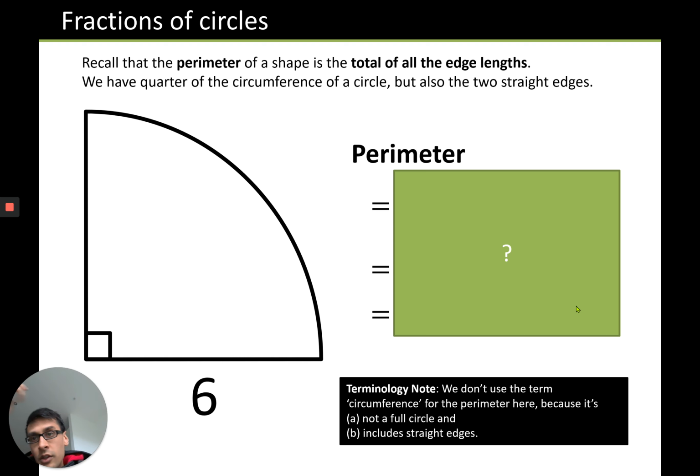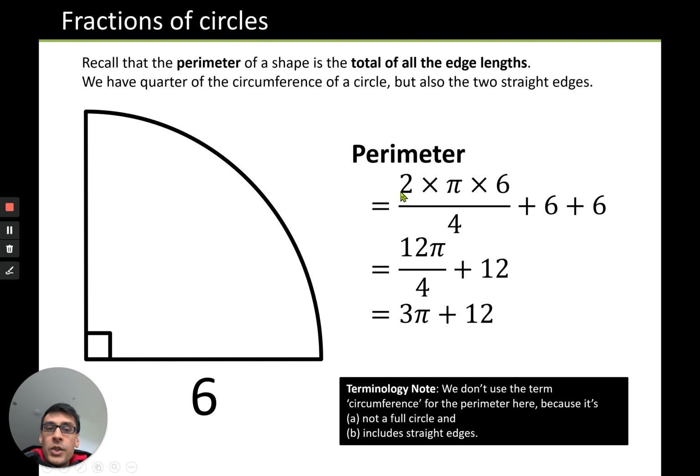Now, if you're working out the perimeter of a shape like this, you need to be careful not to forget to work out these 2 lengths here. So the perimeter of this is going to be the circumference of the whole circle divided by 4, because you have a quarter of it here. So you should do 2 pi times 6 divided by 4.